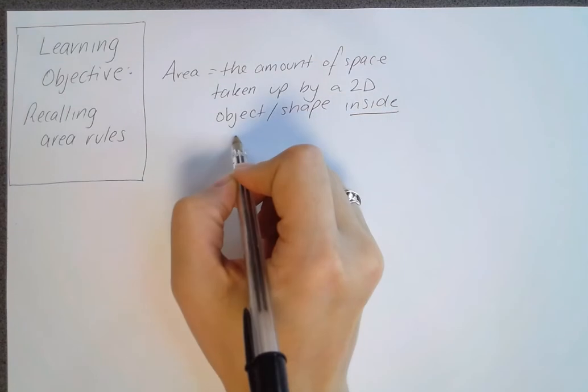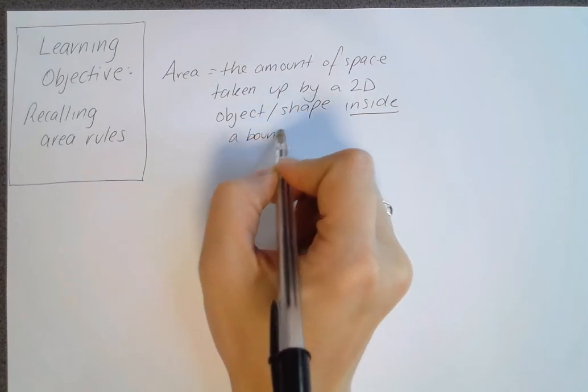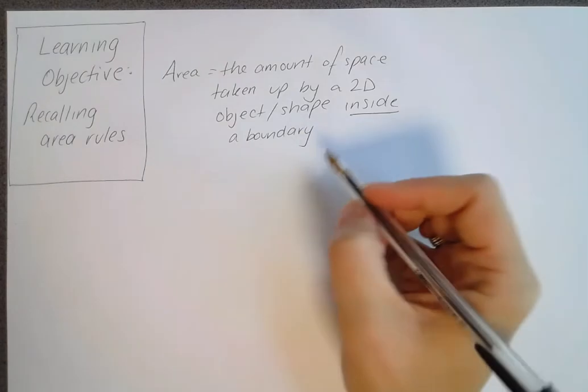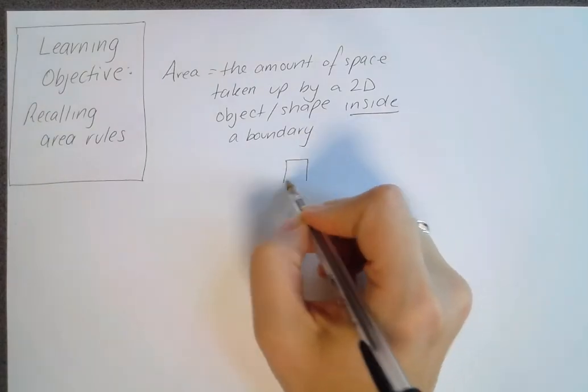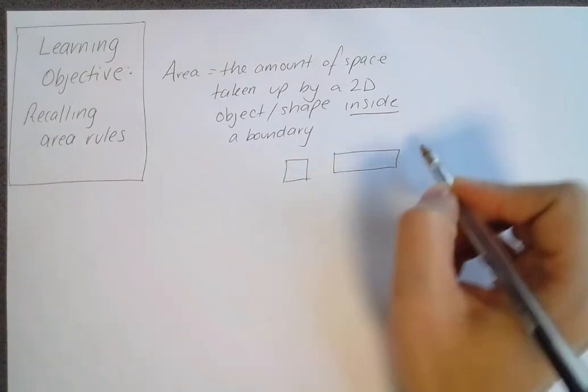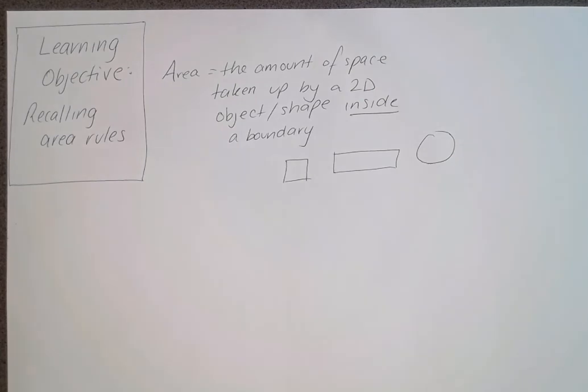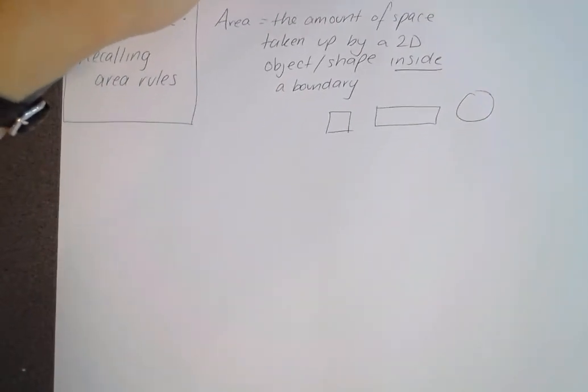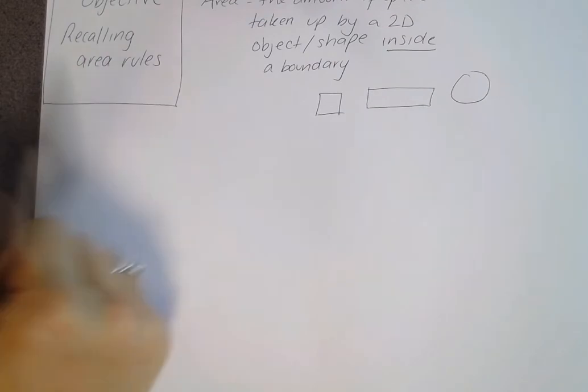So inside of its lines or whatever it's used. So you might see shaded shapes, you might just see simple 2D shapes that we can recognize. And we're going to get to more complicated shapes as well. All right, let's start with our nice simple shapes to start with.